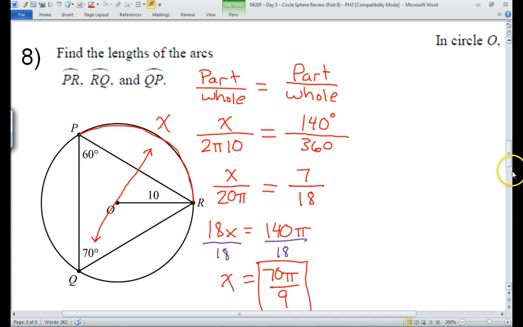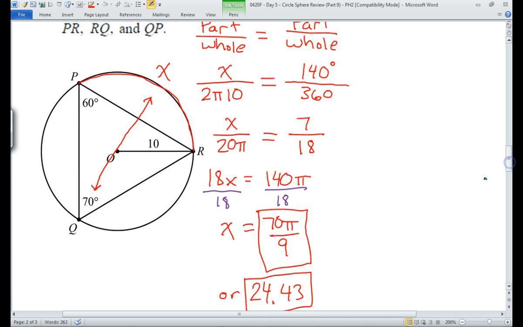Okay, so that's the first arc. So far we have found arc PR, which is 24.43. So I'll just go ahead and mark that. Arc PR was 24.43.